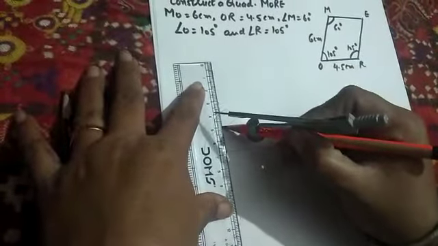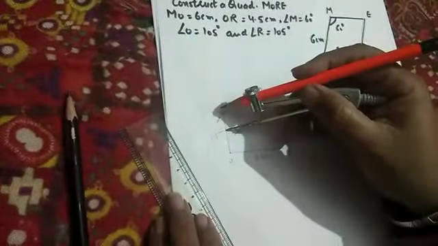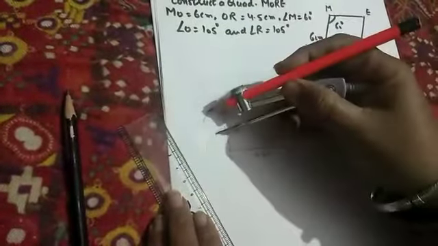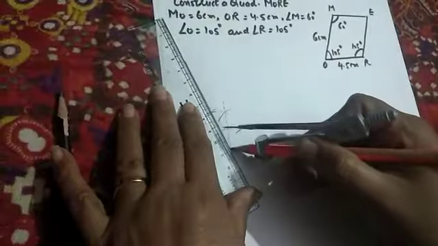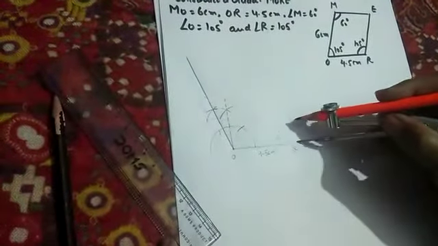This is not a real construction, so we'll draw dotted line for this. At point O, this is 105 degree angle. Now at point R, again we have to draw 105 degree.